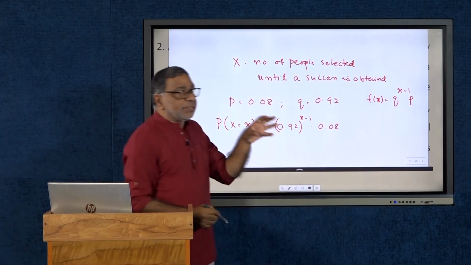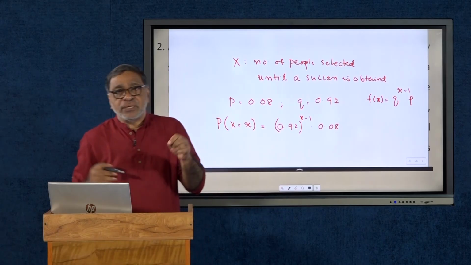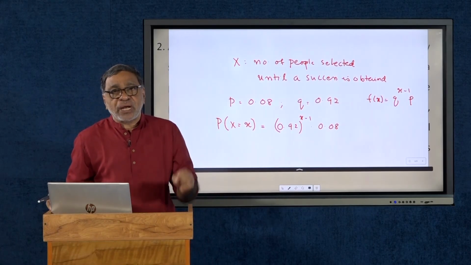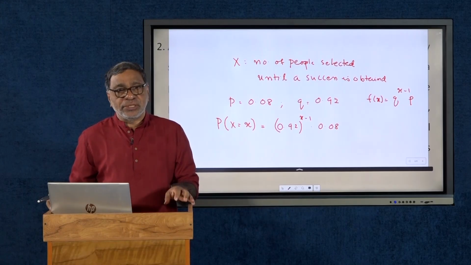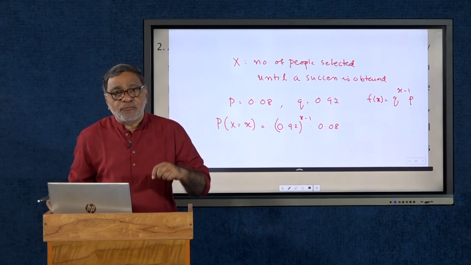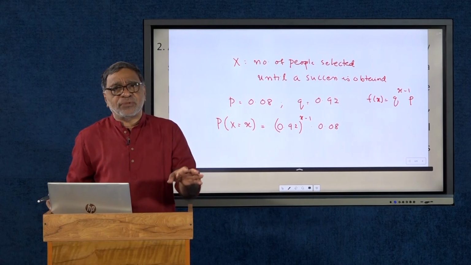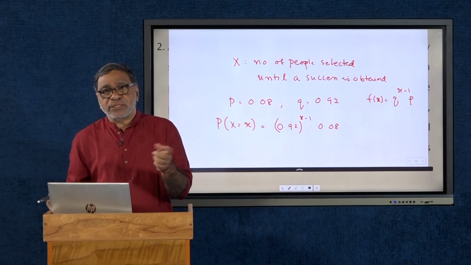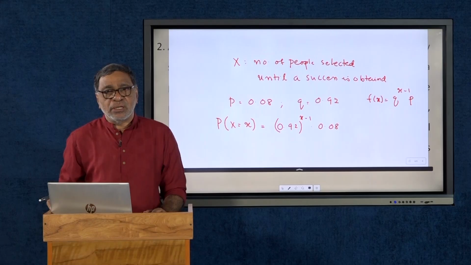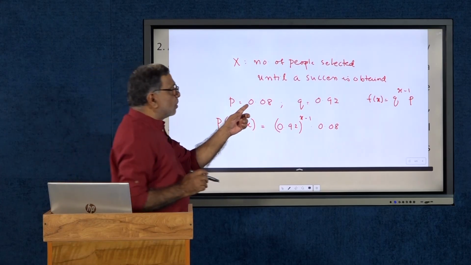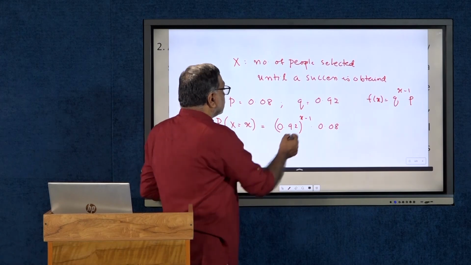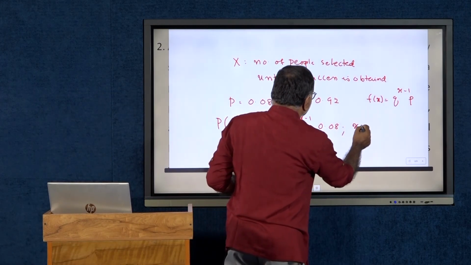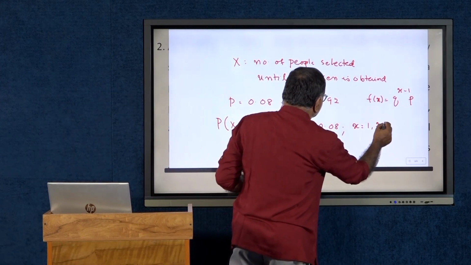This is the probability mass function if we define x as the number of trials required to get a success. Here x is the number of people selected, which is similar to the number of trials required for a success. So, f of x is q power x minus 1 into p, with q equal to 0.92 and p equal to 0.08. What are the possible values of x? x is equal to 1, 2, 3, etc.